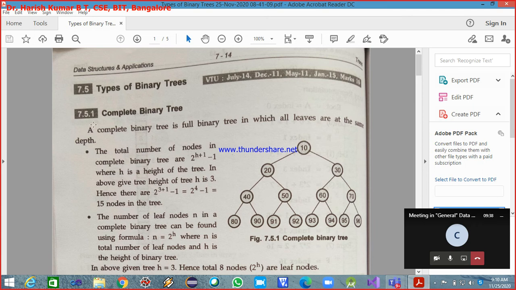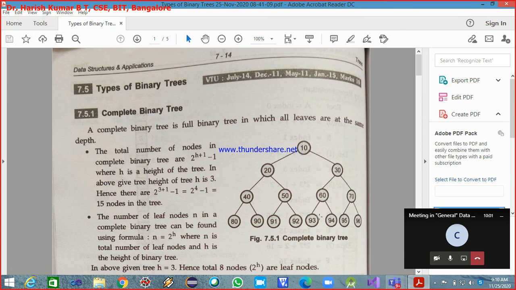If you look into the definition, a complete binary tree is a full binary tree in which all leaves are at the same depth. You can just observe here. All the leaves are at the same depth. That means every node except the leaf nodes has how many child nodes?